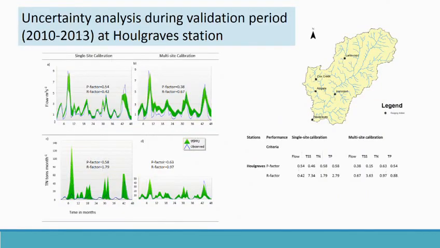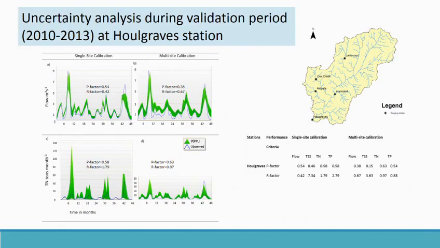We also looked at the uncertainty analysis, and here the green band helps to quantify the uncertainty. Here in the multi-site calibration we can see the thickness is very high. So this suggests that single-site calibration gives a less uncertain model simulation. But in the case of total nitrogen, this green band is quite less.